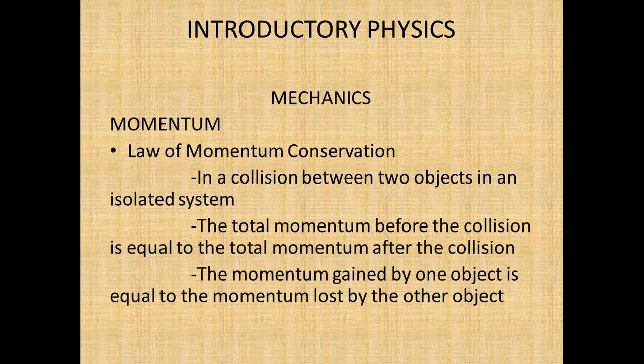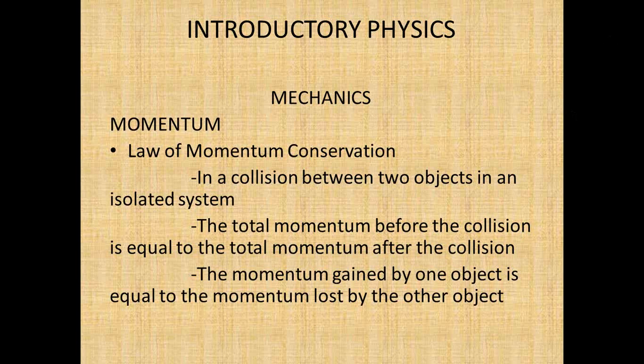The total momentum before the collision is equal to the total momentum after the collision. Again, remember that momentum is mass times velocity. So if you were to add up the mass times velocity of the system before the collision, it's going to equal the mass times velocity after the collision.